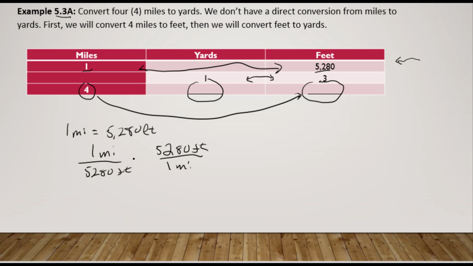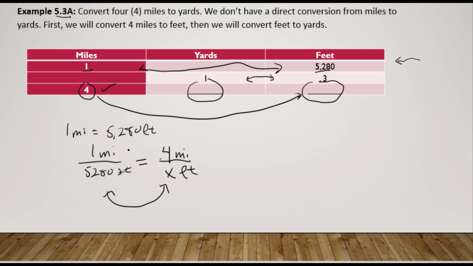It really doesn't matter which one of these you use in this situation. Just pick one. Let's say we're going to use this one, so I'll erase the other one. Now I'm going to set up a proportion, saying that these two ratios are equal. I have 4 miles from here, and I'm trying to find out how many feet.